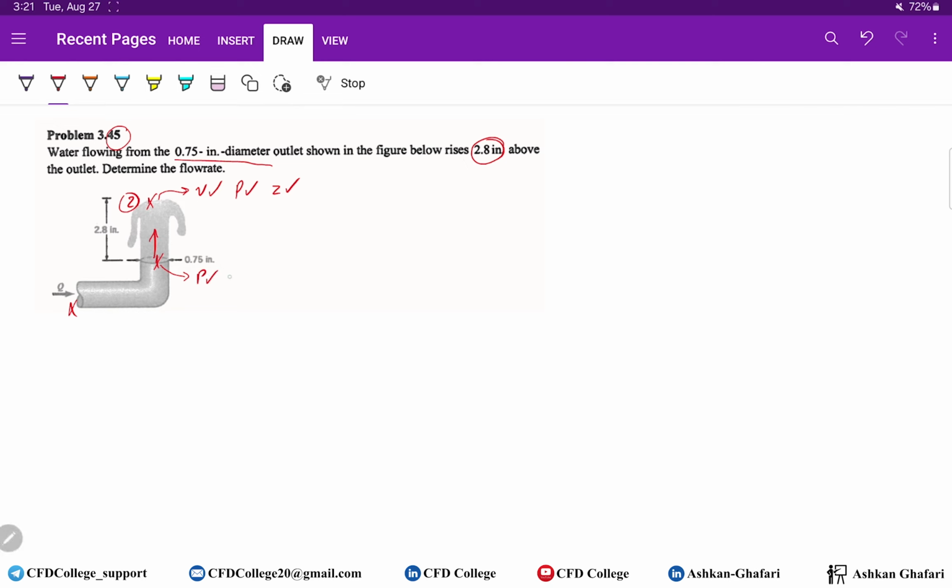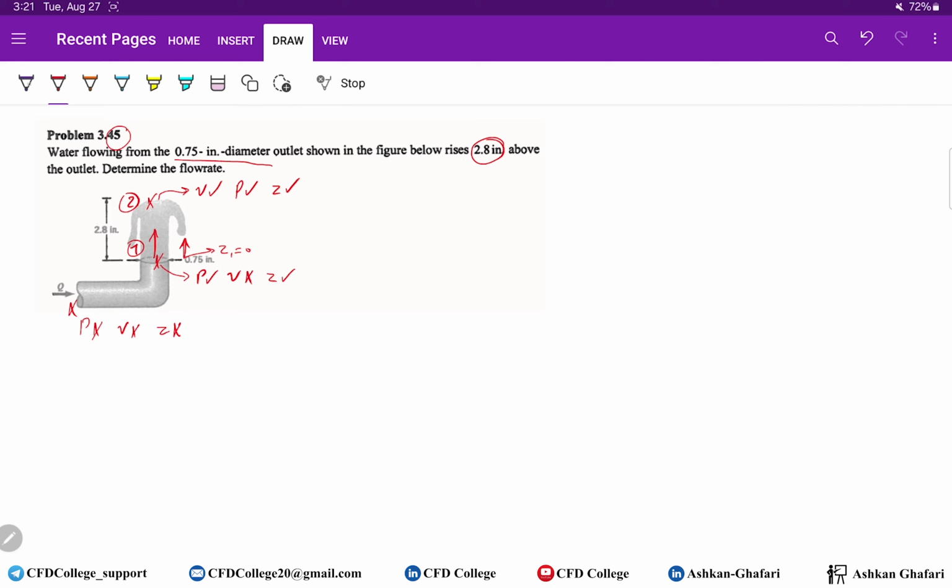We don't know the velocity, and we know the elevation. If we put axis here we'll have z, for example. If it's the first point, z1 is 0. What about this point, the third candidate? Here we know nothing. We don't know the pressure, we don't know the velocity, and we don't know the elevation. So we identified our key points, point 1 and point 2.